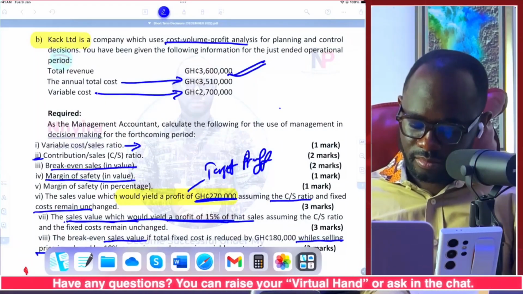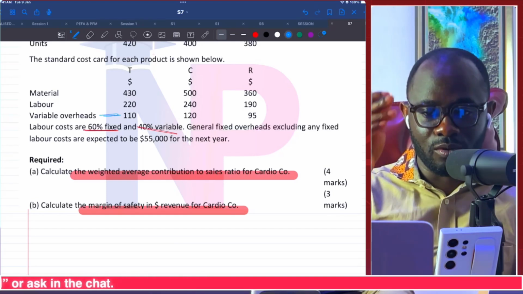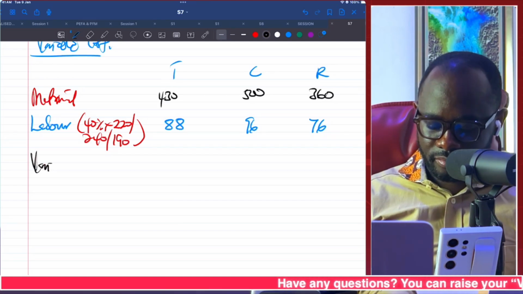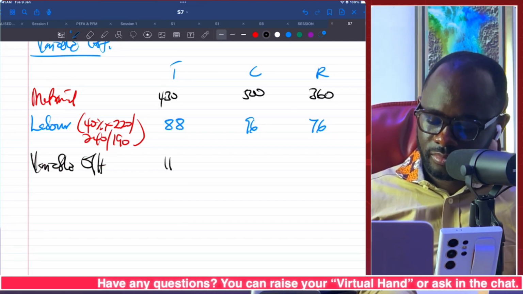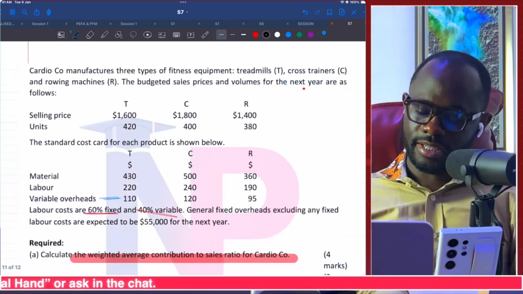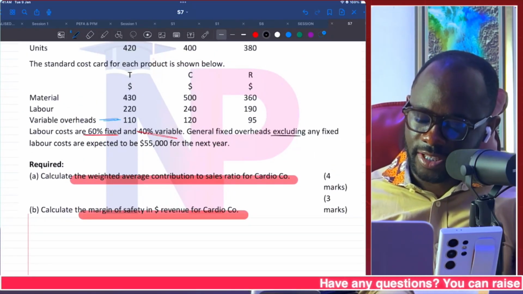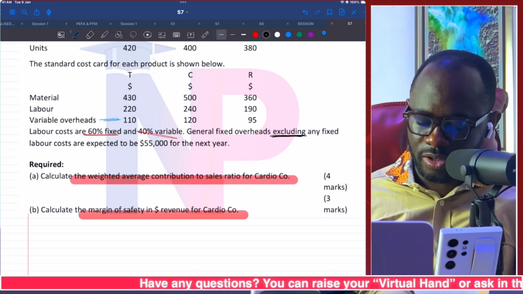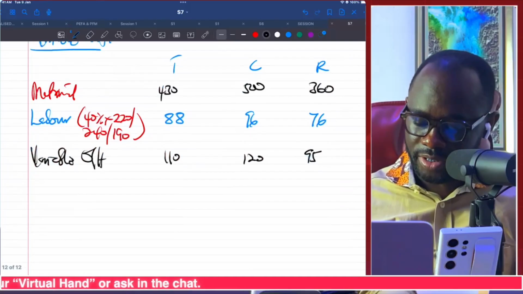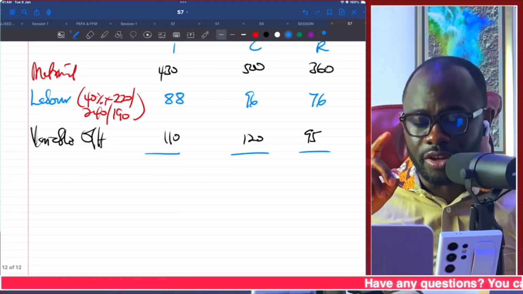Then variable overheads. It's a variable cost: 110, 120, 95. General fixed overheads excluding any fixed labor costs are expected to be $55,000 for the year. We'll come back to that in a moment. But for now, this gives us the total variable cost per unit.